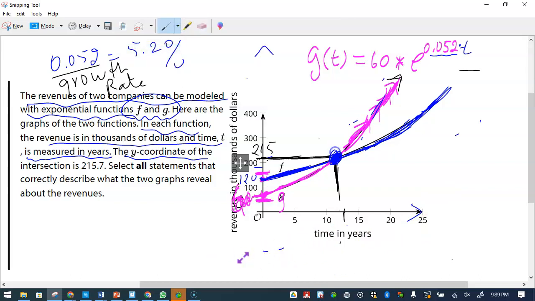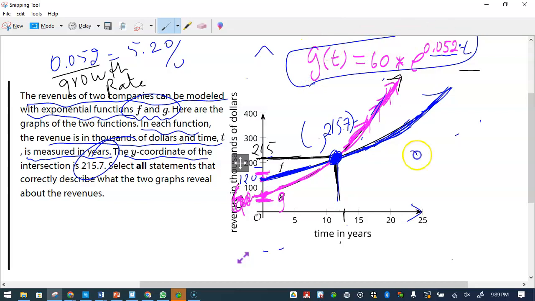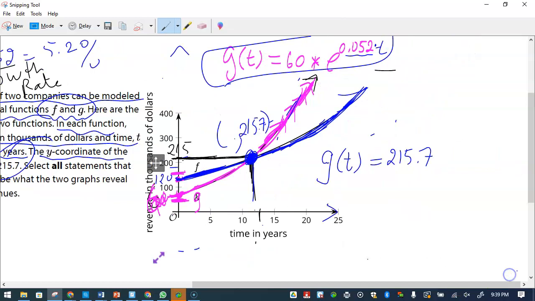Okay, so this point, if we knew, because you are given the revenue was 215.7. Just imagine the pink one is given, right? One of them is, let's imagine, given. What you can do is make GT equal 215.7, and then you've got to solve this.